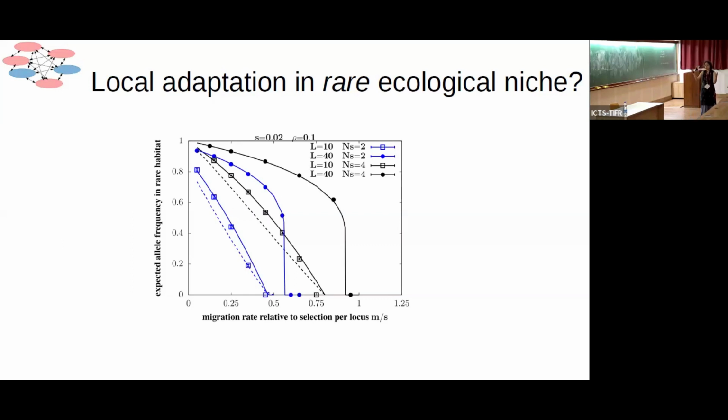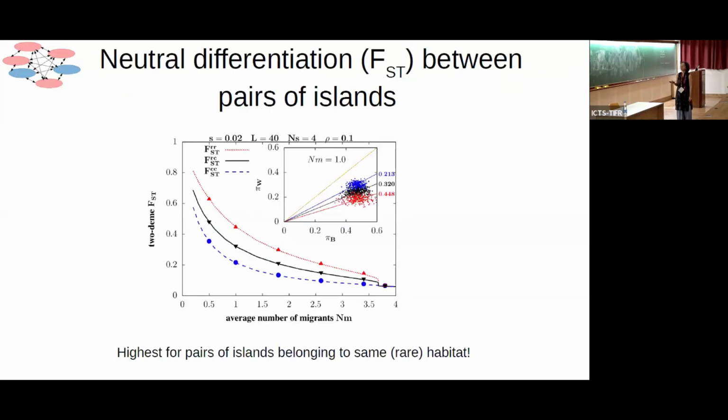There's more one can do, which I don't want to get into right now, but one can ask under what conditions you can maintain local adaptation over much larger rates of migration, and one can generate predictions for that. I can talk about it later if someone is interested.